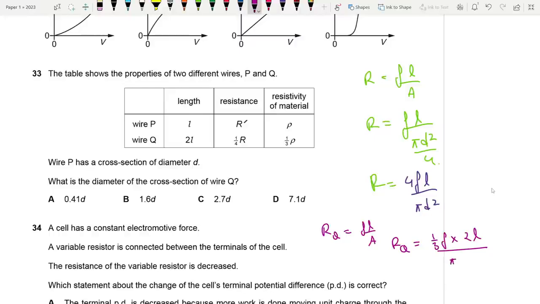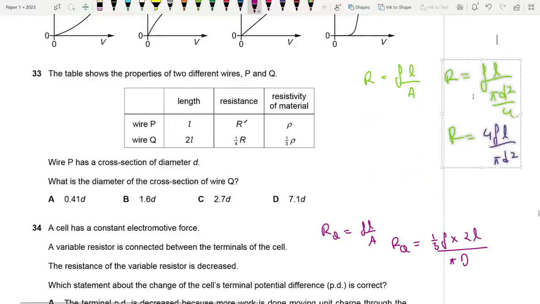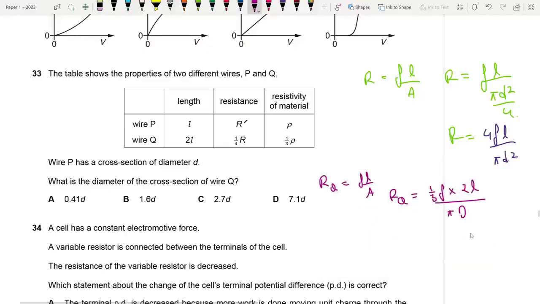But let's call this D as capital D, then it will be easier for us to work things around. Pi D square by 4. So after simplification, RQ comes out as 4 times 2 is 8, so 8 by 3 rho L by D square.